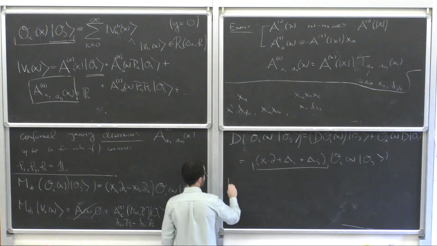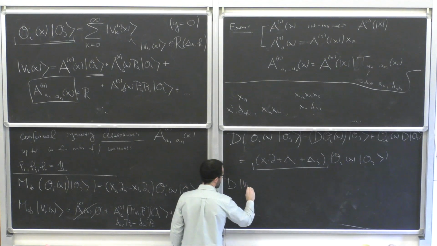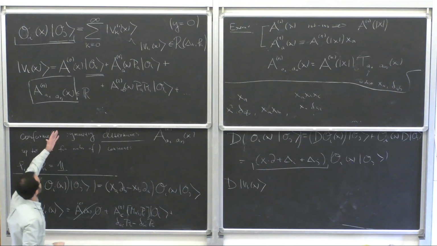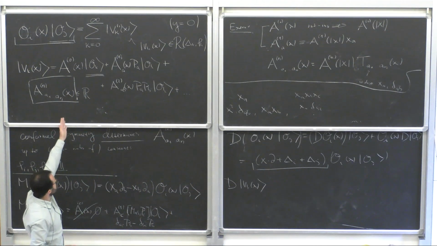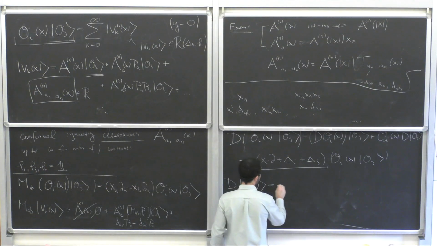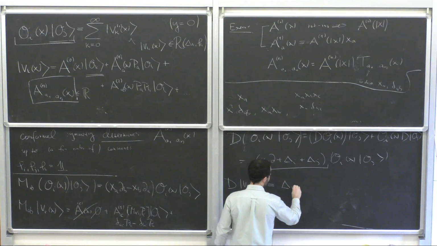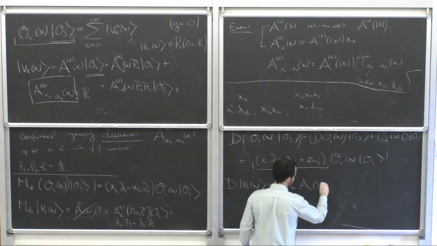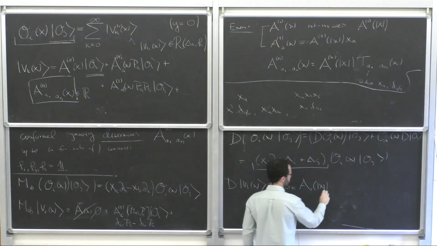And when D acts on the right-hand side, so when it acts on VK of X, it just multiplies each term with n descendants by the scaling dimension of the term. So it's delta K times A0, which we know depends now only on the norm.